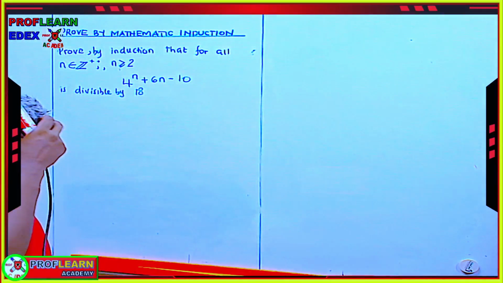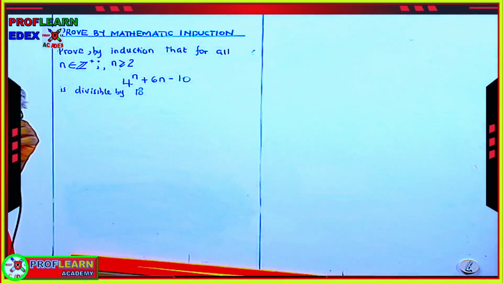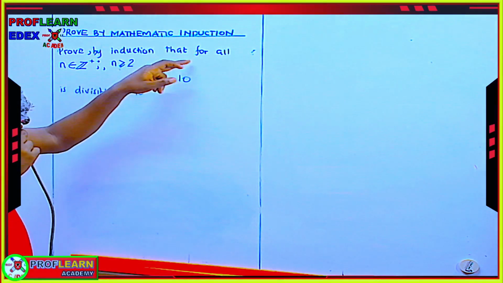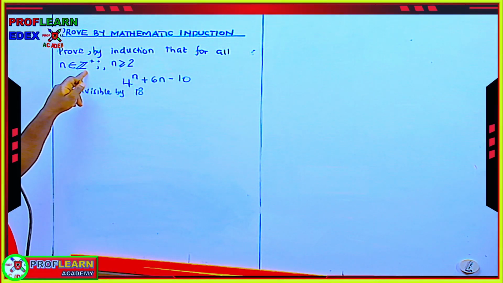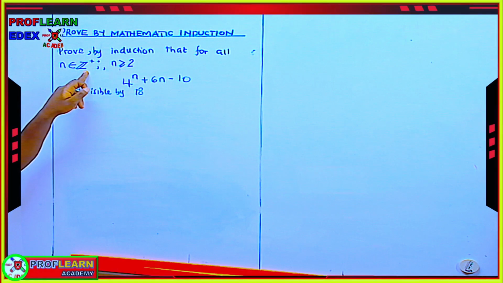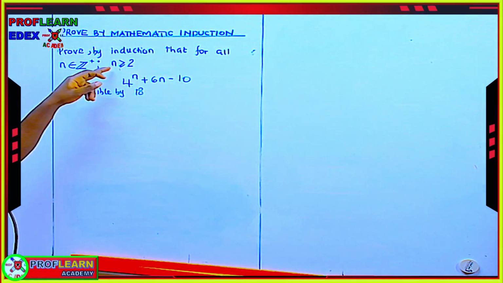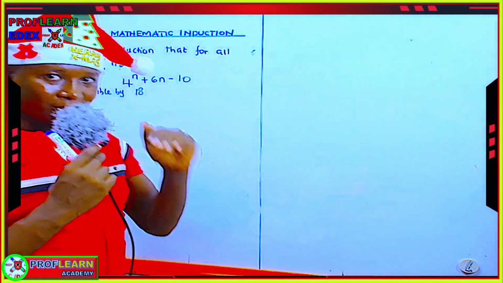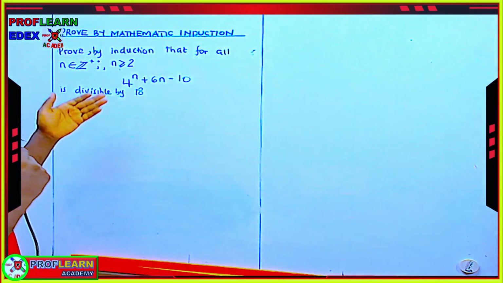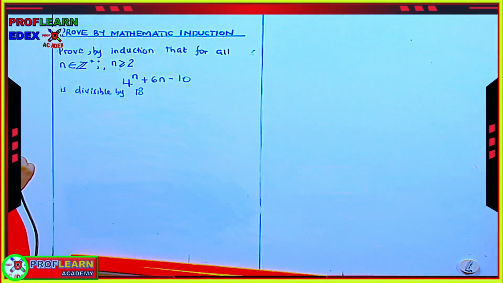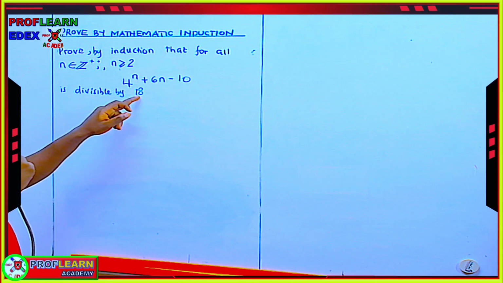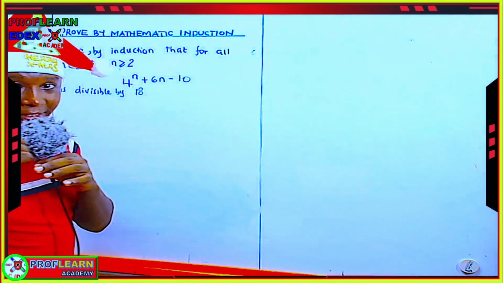Right, we have the second question here that says, prove by induction that for all n members of Z positive integers where n is greater or equal to 2, the expression 4 raised to power n plus 6n minus 10 is divisible by 18.